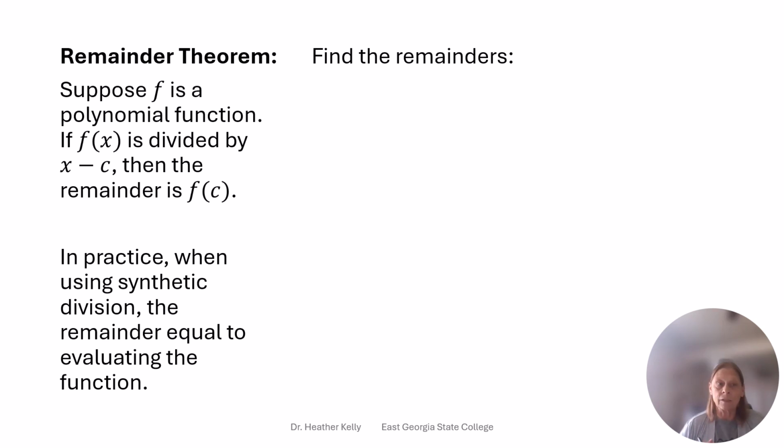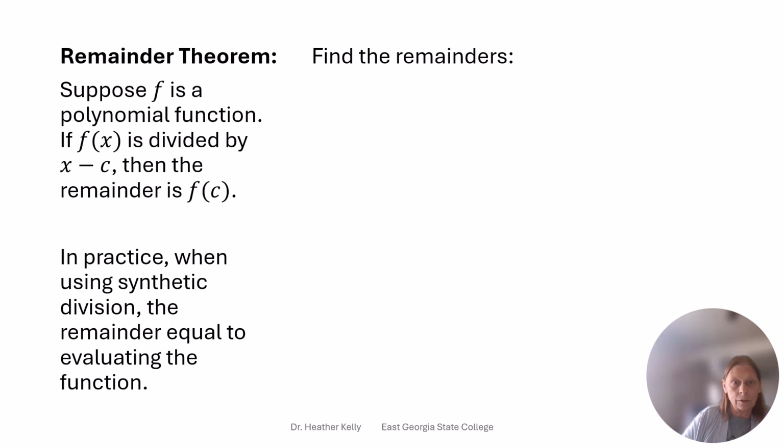If f of x is divided by x minus c, then the remainder of that division is f evaluated at c. So basically in practice, when you're using synthetic division, the remainder is equal to evaluating the function at that particular x value. Let's look at an example here.